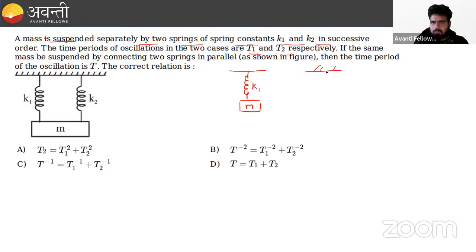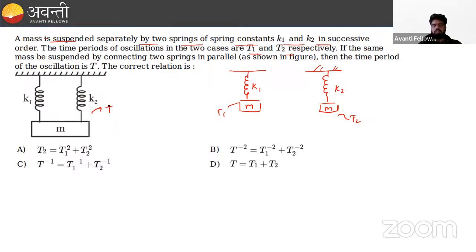And in the other situation, another spring is connected with the same block having spring constant K2, right? We have to establish a relationship between T and T1 and T2. In this case the time period is T1, in this case the time period is T2, and the time period of the system of K1 and K2 is T.